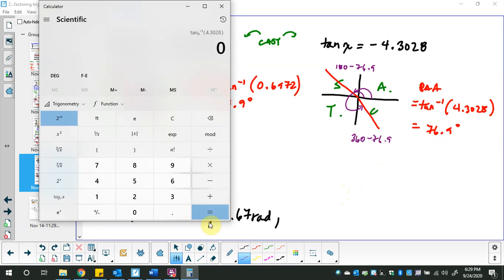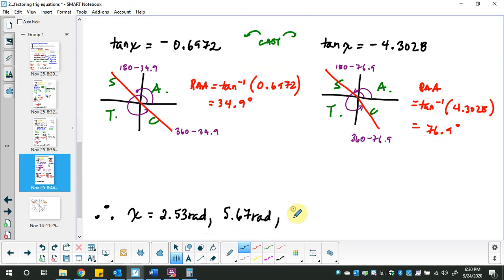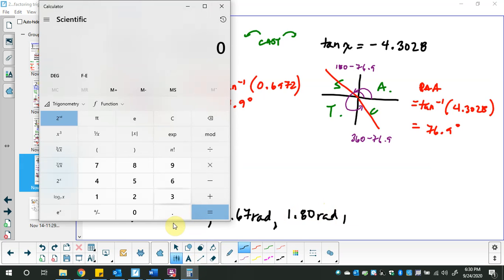It's not really all that ingenious. 180 minus 76.9 equals that many degrees, which I don't care about, times pi divided by 180 is 1.799, so that's 1.80 radians.